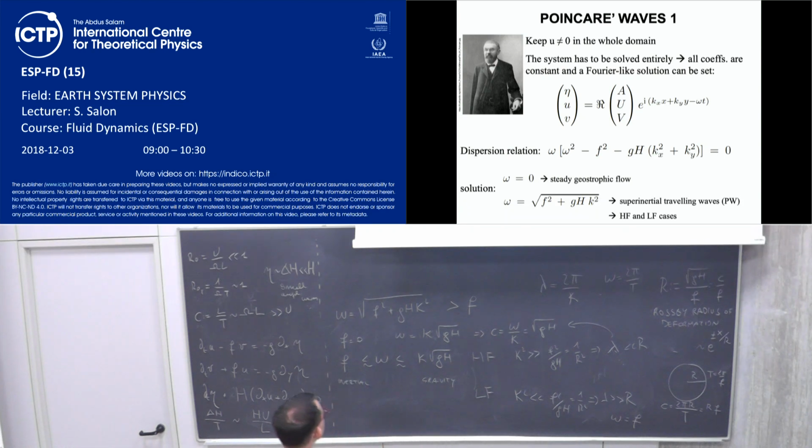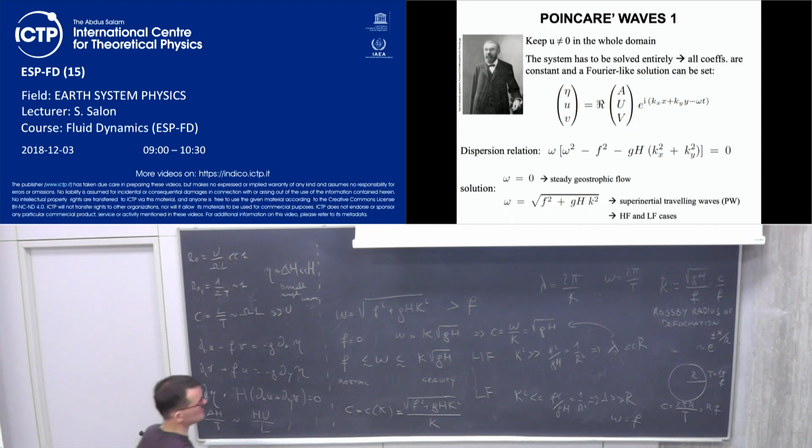Okay, so in the most general case, our phase velocity is dependent on k and is equal to the square root of (f squared plus gh k squared) over k.